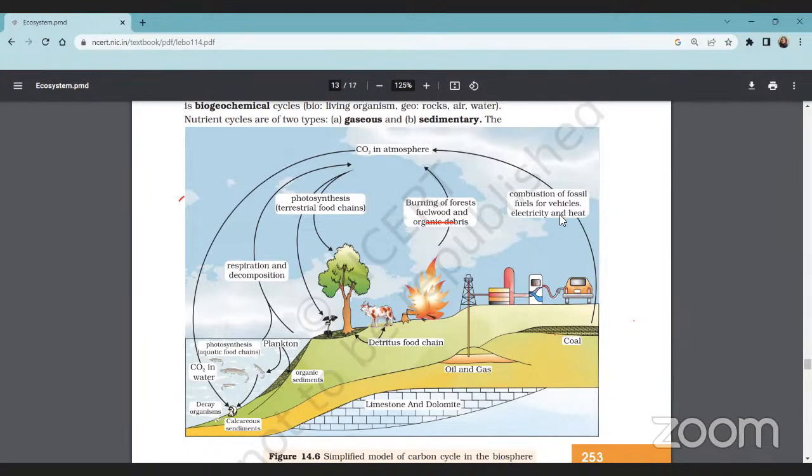Combustion of fossil fuels for vehicles, electricity and heat, meaning petroleum and kerosene, also releases CO2, which enters the atmosphere.